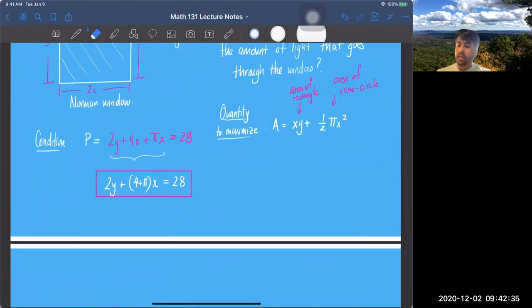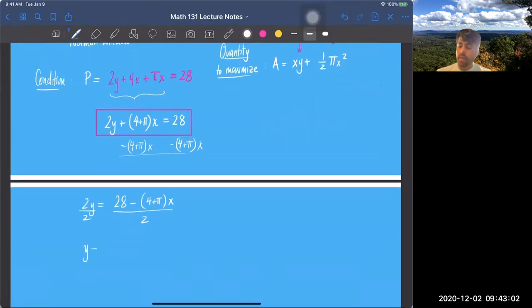In this case, I'm going to again solve for y, get y by itself. So if I want to get y by itself, I have to subtract the (4 plus pi) x on both sides. And I get 2y is equal to 28 minus (4 plus pi) x, and I want to divide this by 2.